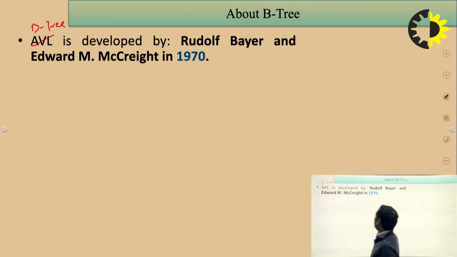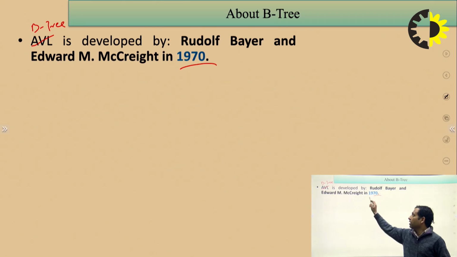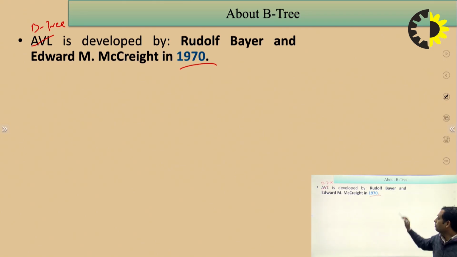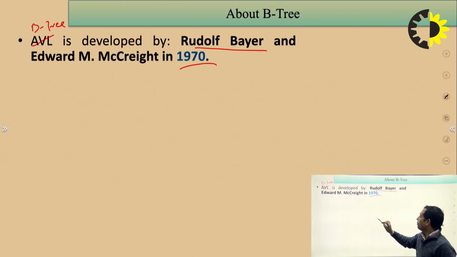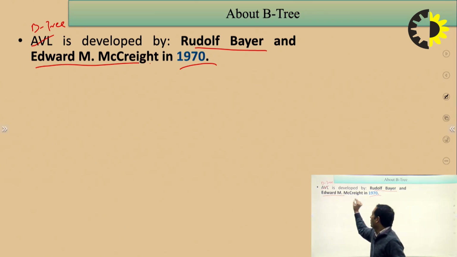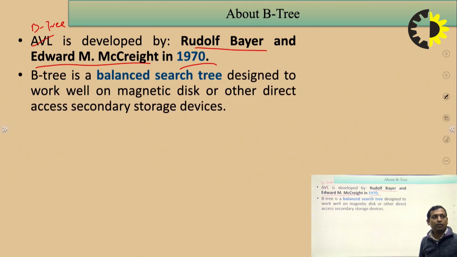This B tree was developed by two researchers, Rudolf Bayer and Edward, in 1970. The B tree is a balanced search tree designed to work well on magnetic disks or other direct access secondary storage devices.